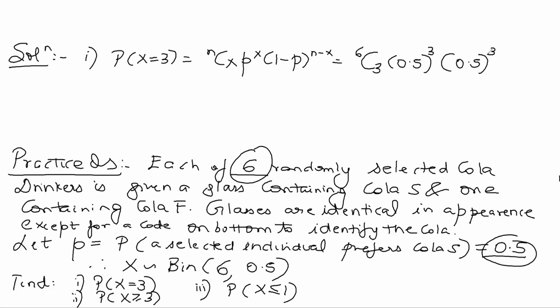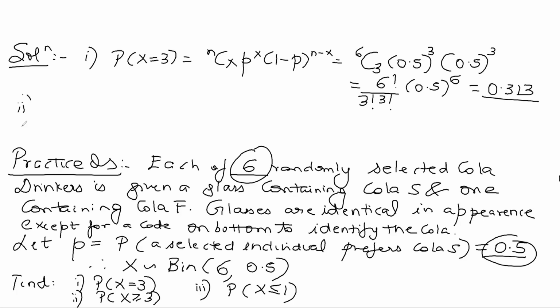So this will come out to be, if you solve this at home, 6 factorial upon 3 factorial times 6 minus 3 factorial, into 0.5 to the power 6. You can solve this at home. It will come out to be 0.313.